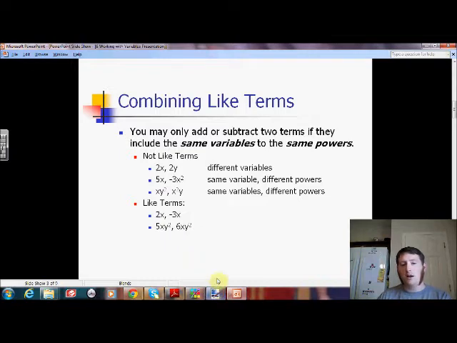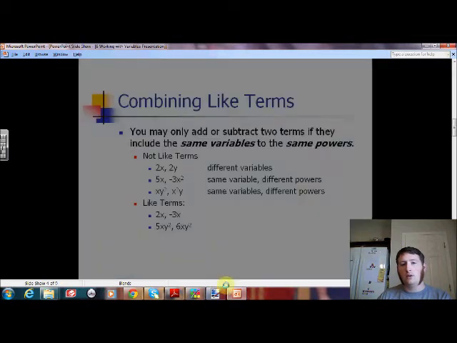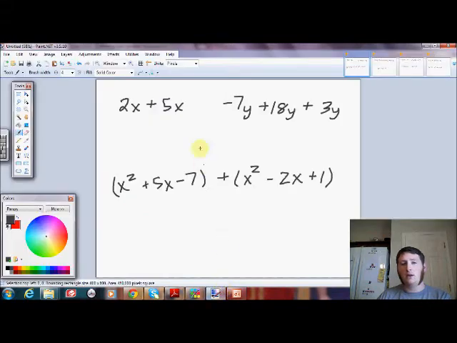So let's look real quick and combine some like terms. 2x and 5x. Well, 2 of something and 5 of the same thing make 7 of that thing, so 2x and 5x is 7x.